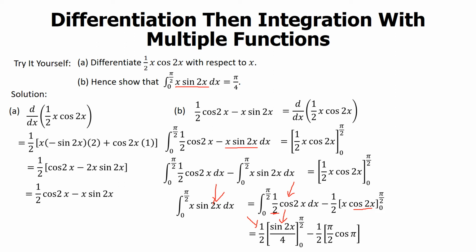And from here, sine 2x, if we substitute x equals pi over 2, we get 0. If we substitute x equals 0, we also get 0. Hence, this whole function gives 0. For cosine pi, we get negative 1. So the answer will be pi over 4.